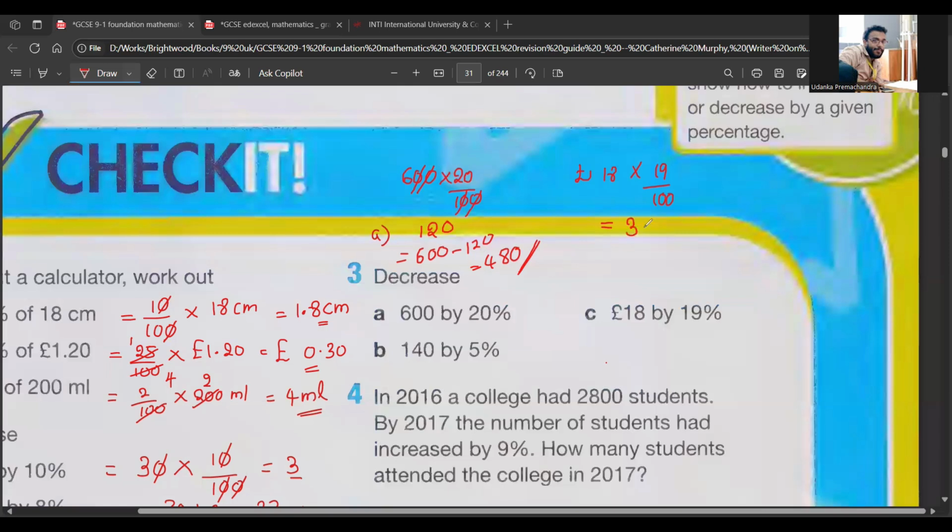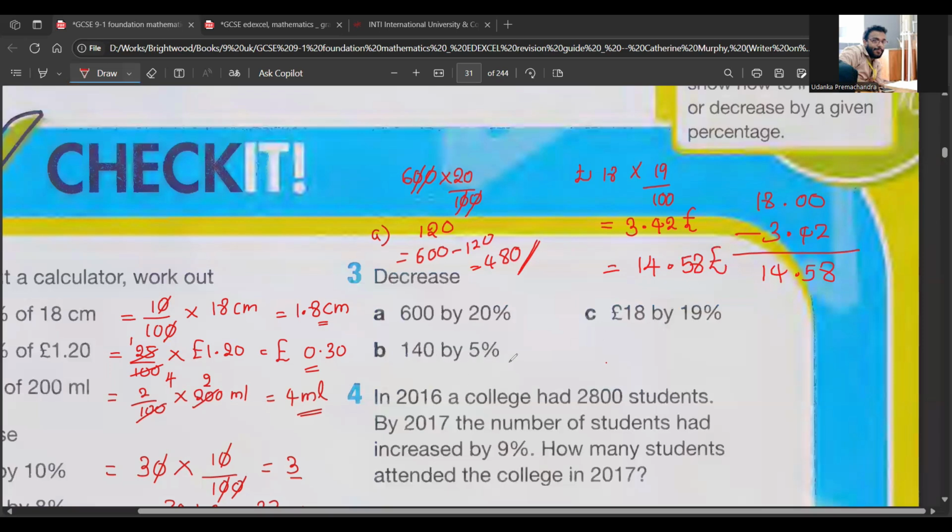I think it is 2.42 euros, something like that. Now it is decreasing by 18. Previously it is 18, now it is decreasing by 4.42. Now subtracted, it is 14.58, no? Final answer: 14.58 euros.